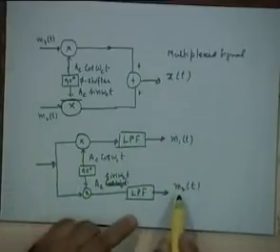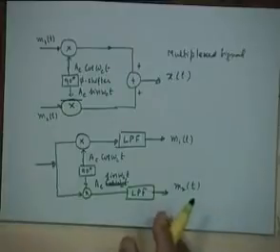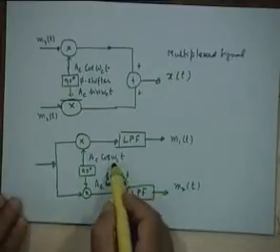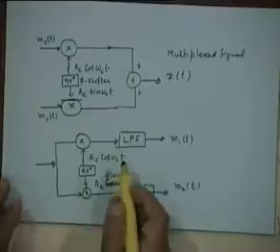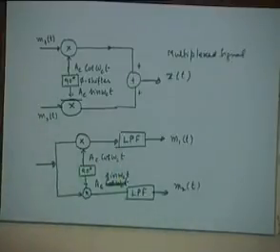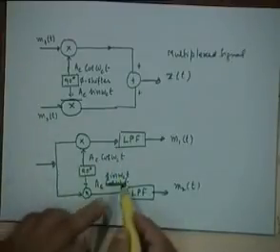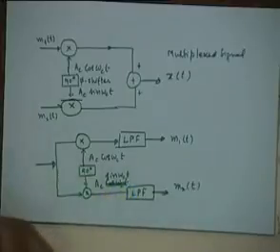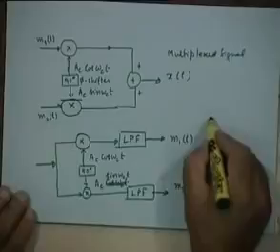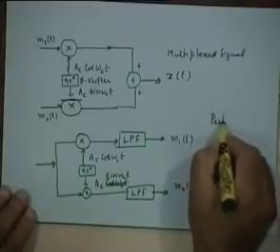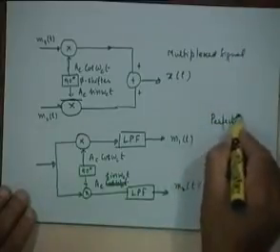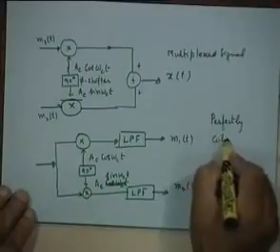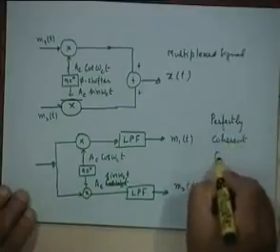Similarly, m1(t) will not have any component in this path, provided of course we have perfect phase coherence, that is, cosine omega_c t is in phase with the cosine omega_c t component of the incoming signal, and sine omega_c t is in phase with the sine omega_c t component of the incoming signal. So you require perfect phase synchronization, a perfectly coherent carrier as before.